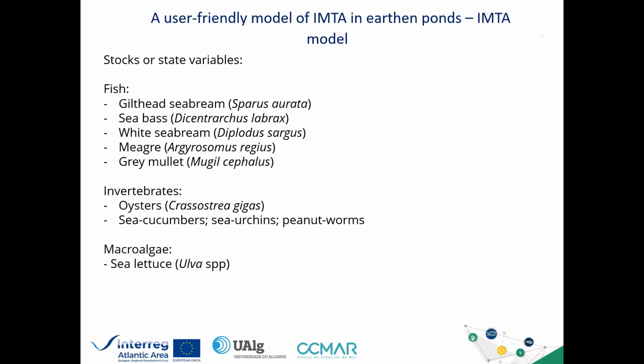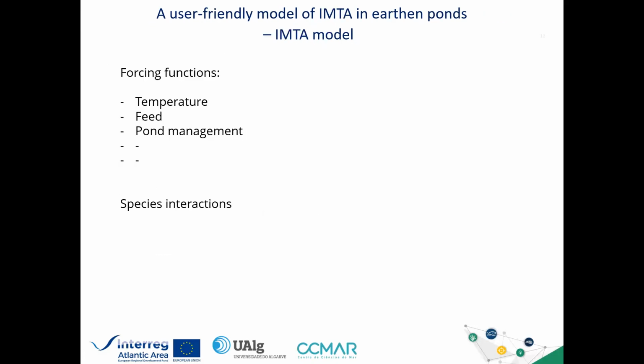The phytoplankton is important for the oysters, because the oysters are filtrating the water and returning the phytoplankton. So we need to introduce that state variable, as well as perhaps also the zooplankton, and the detritus will be also important to include.